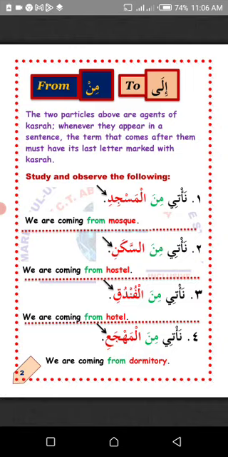Let's try to illustrate that from the examples below. Number 1. Na'ti min al-masjidi. We are coming from the mosque. So mina has given kasra to dal, being the last letter of the Arabic word al-masjid.